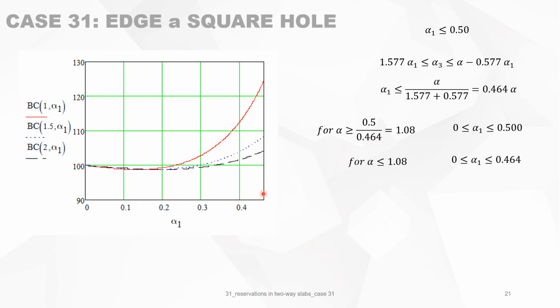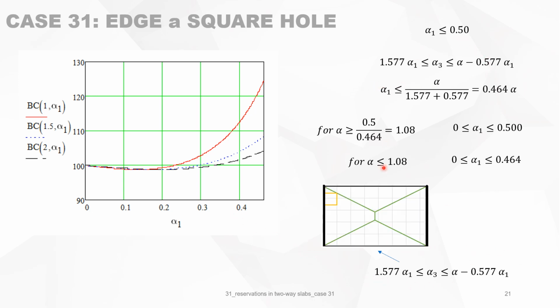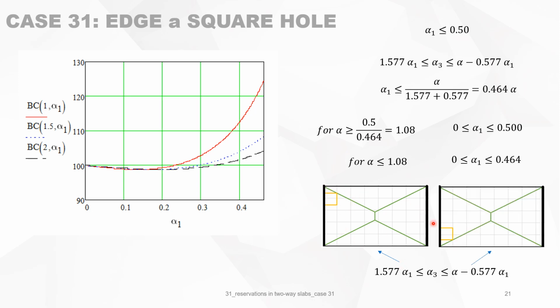No, it's 1.46. In fact, it can go to 1.5 or to 0.5 for alpha smaller than 1.08. So in the limits of alpha 3, we see that the left border corresponds with this and the right border corresponds with this.